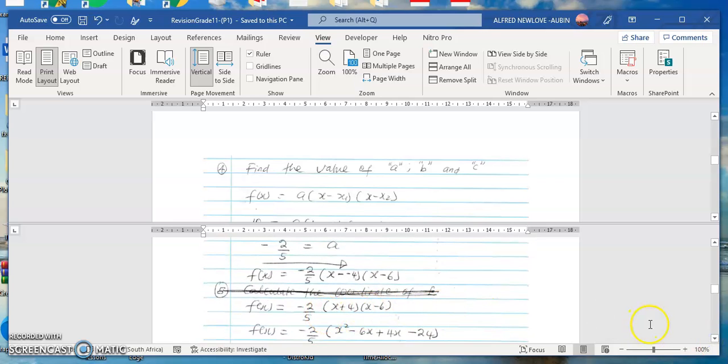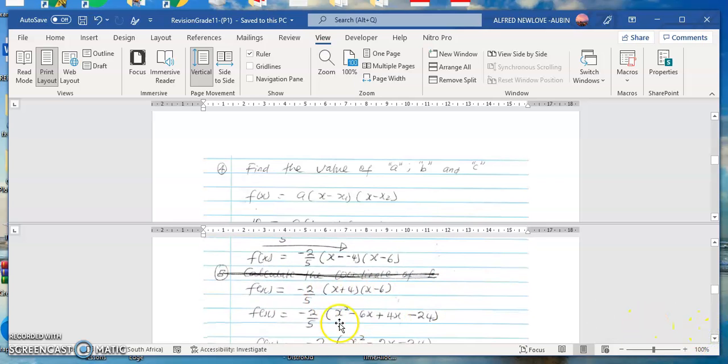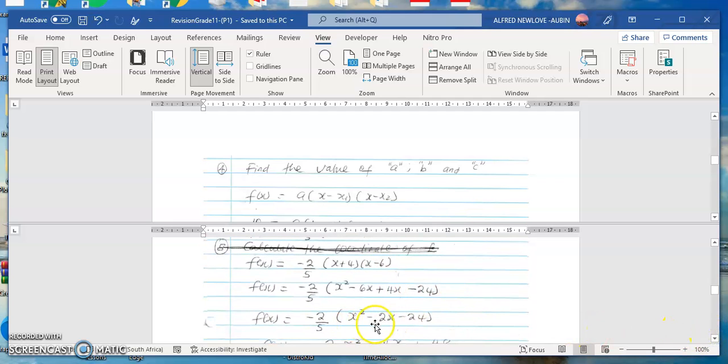First keep the a, then expand this one. If I expand this, this is going to give me that, and this is going to give me that. 4 times x is going to give me this. 4 times negative 6 is also going to give me that one. Then if you expand this, minus 6 plus 4 will give me minus 2.